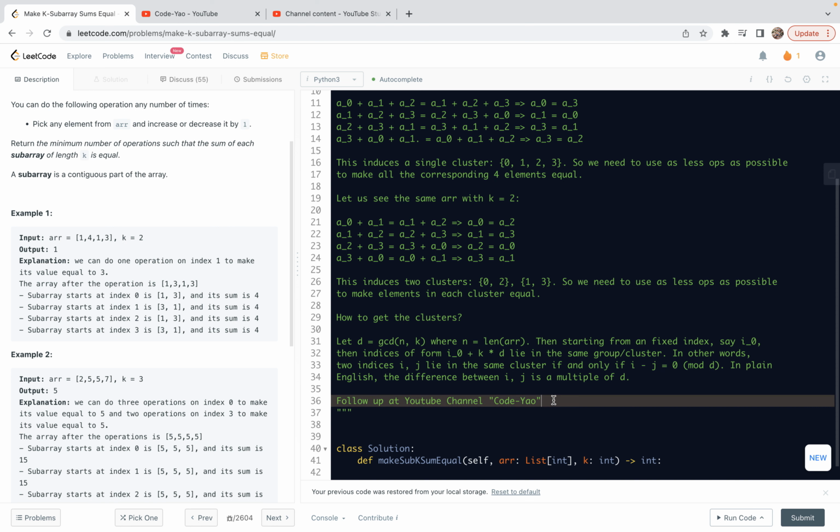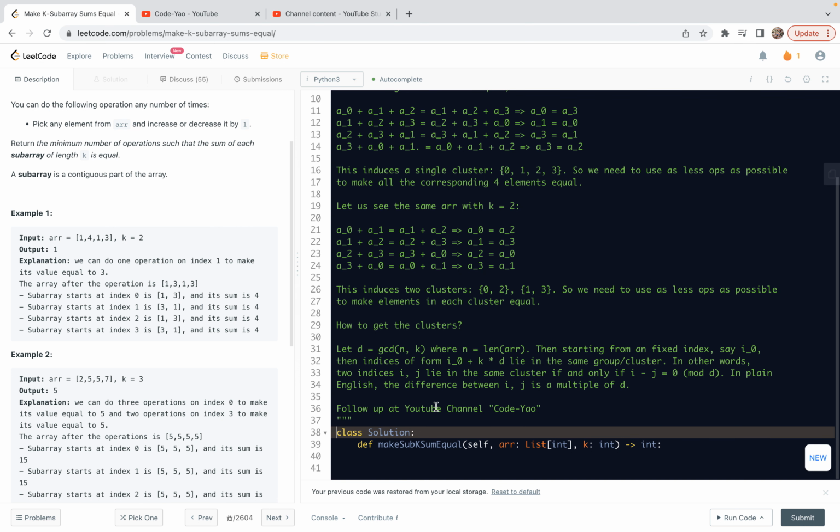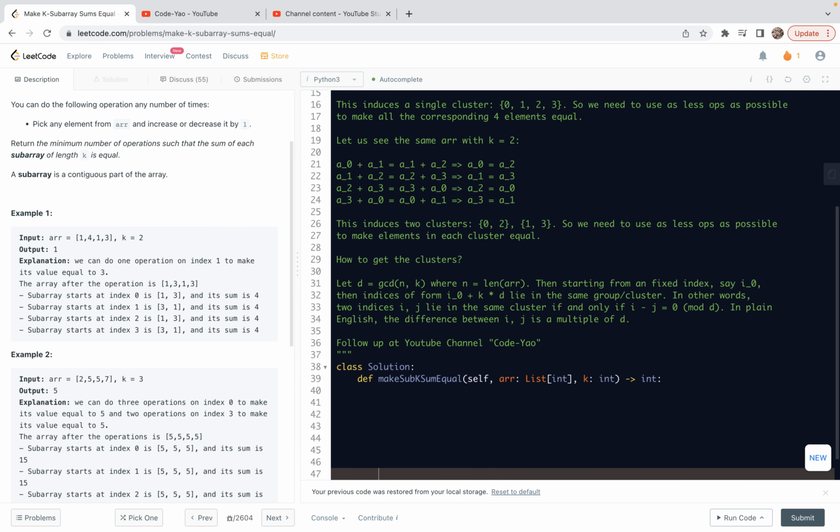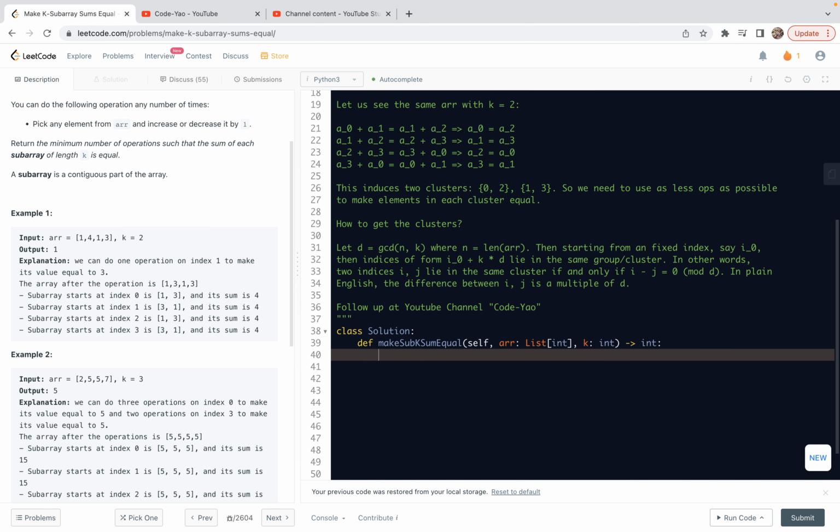So that's about it for this problem. Next, our task will be to partition the indices or the corresponding elements into clusters, and then make all the elements in each cluster equal, and in the process we count the needed operations. So that's the logic. Now let's look at the coding.